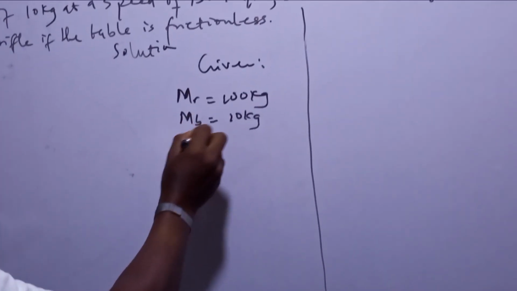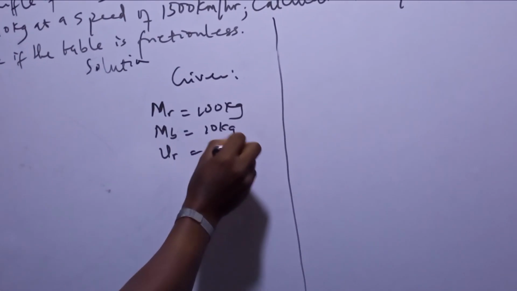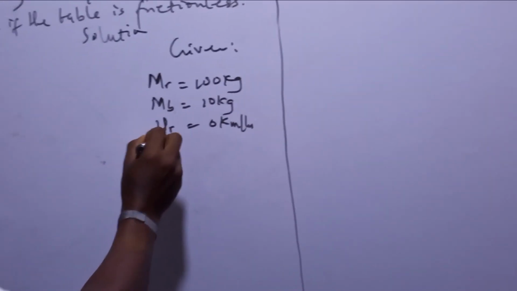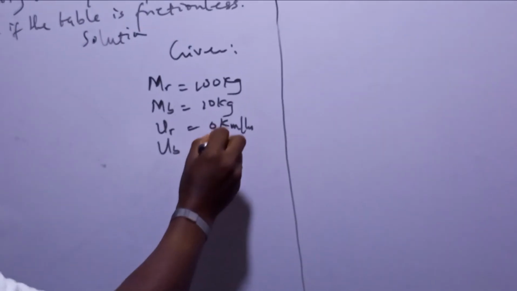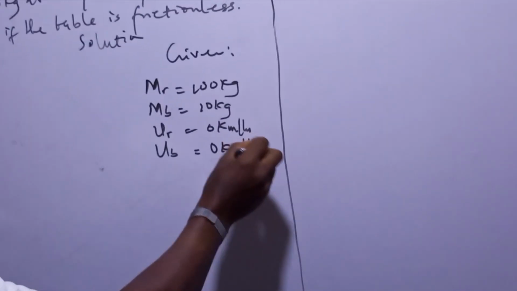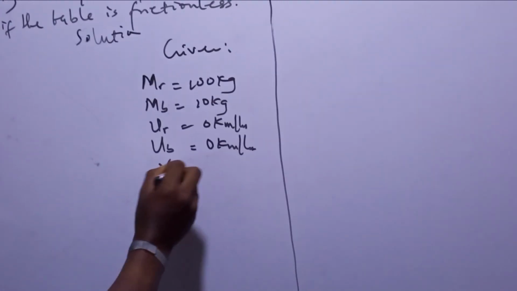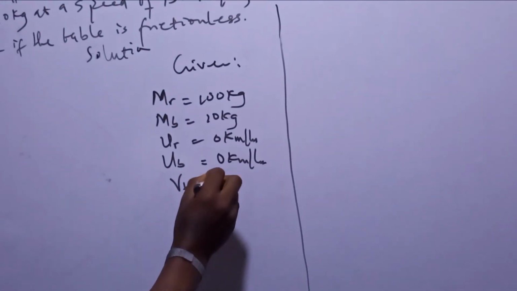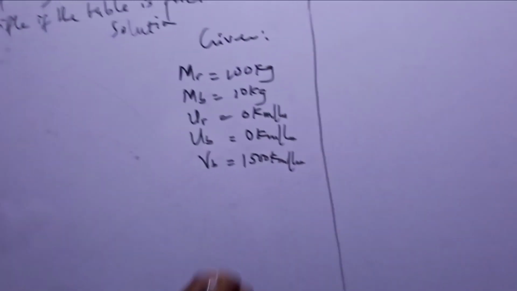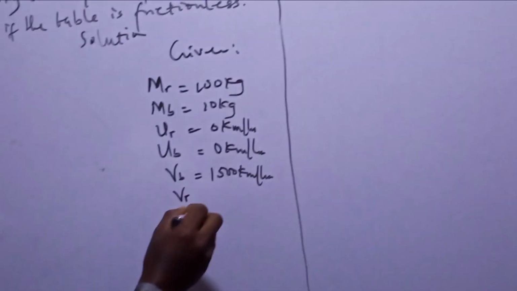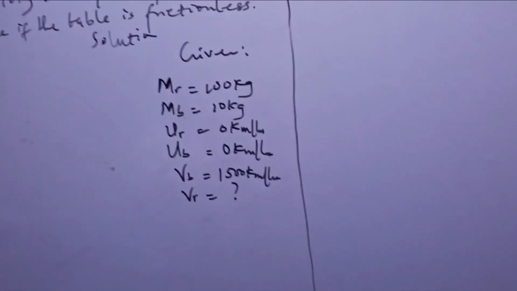We have the initial velocity of the rifle to be 0 km per hour. Initial velocity of the bullet to be also 0 km per hour. And the final velocity of the bullet is 1500 km per hour. And the final velocity of the rifle is not given.